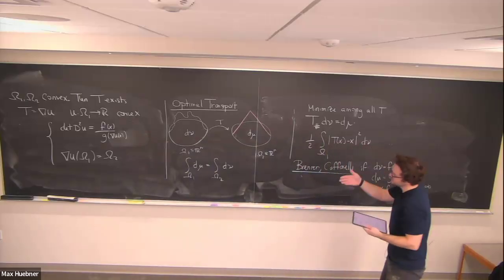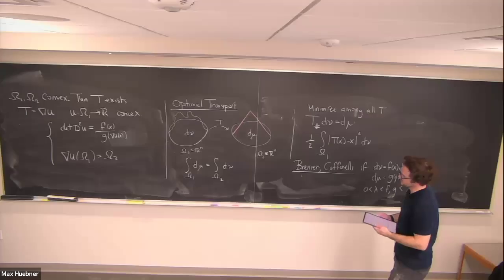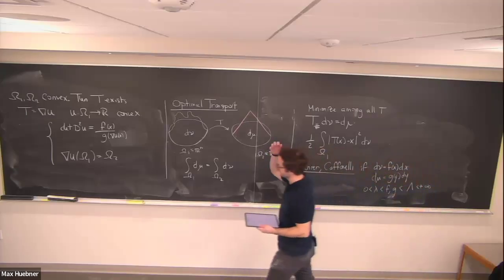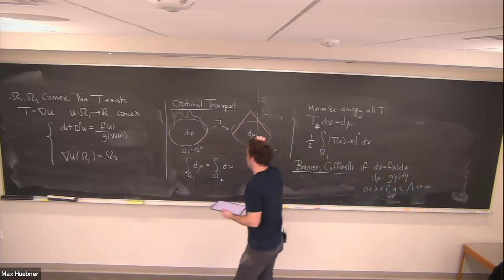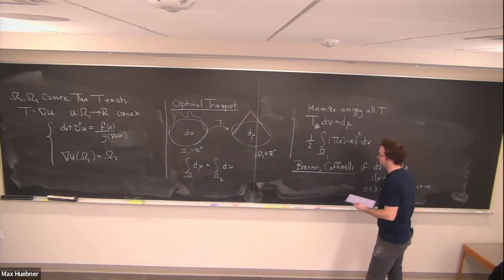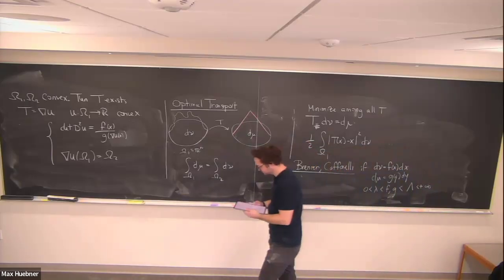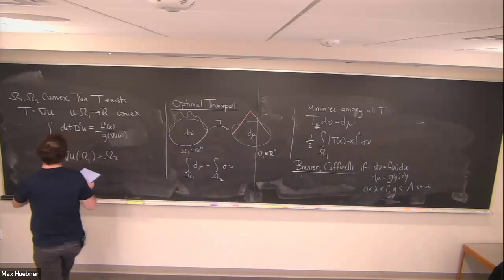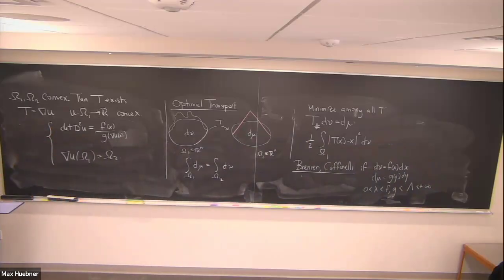Okay, so this is the sort of origin of the connection between Monge-Ampere and optimal transport. And as part of Caffarelli's work, following this sort of explosion of interest, there was a lot of work in the regularity theory.